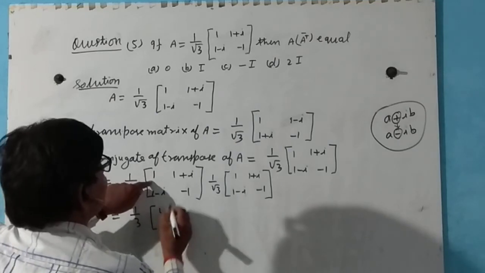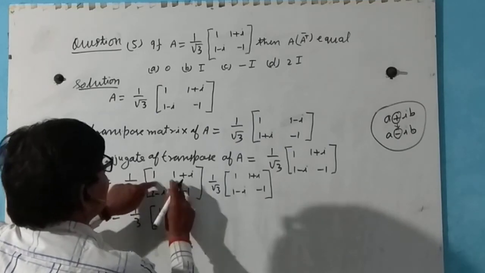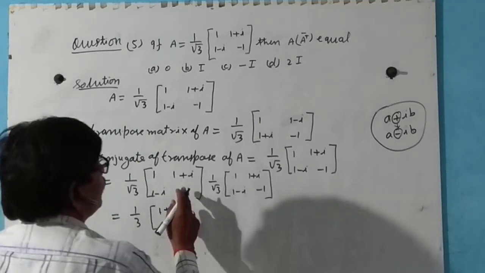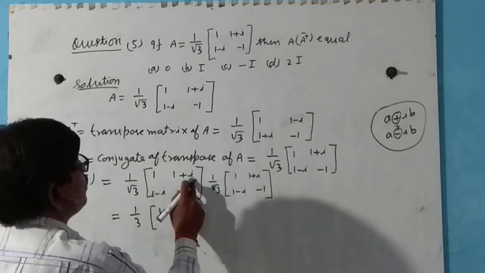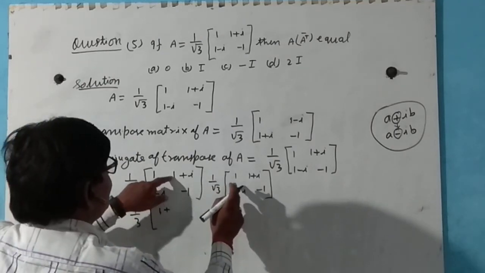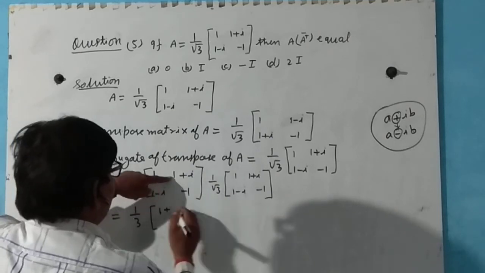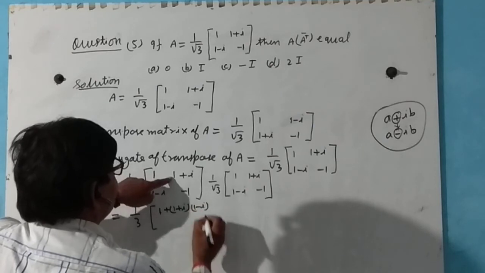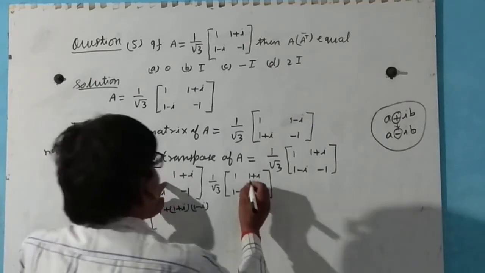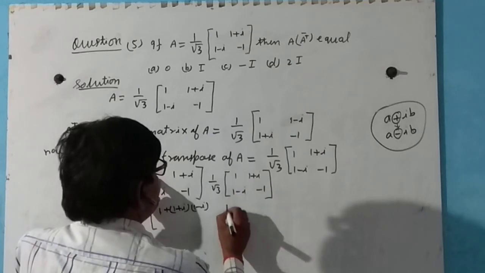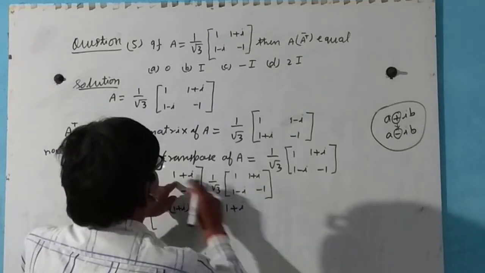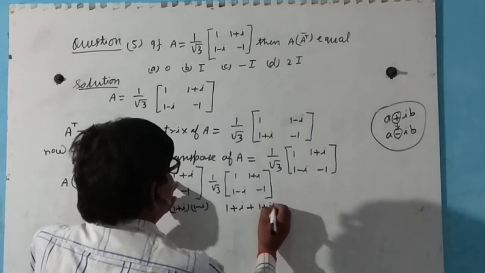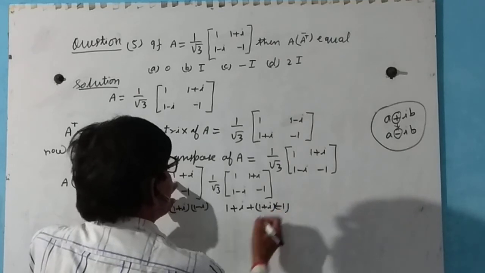First row: 1 times 1 plus this times 1 plus I and 1 minus I. Then 1 times 1 plus I, plus 1 plus I into minus 1.